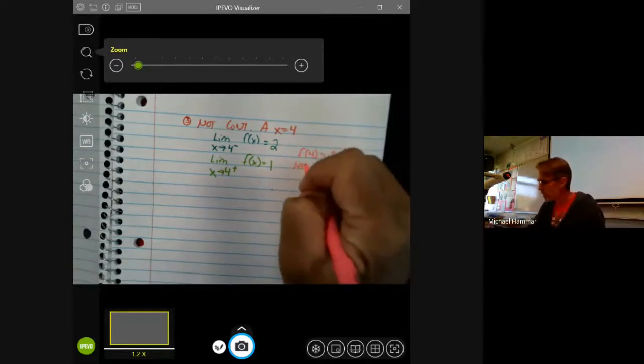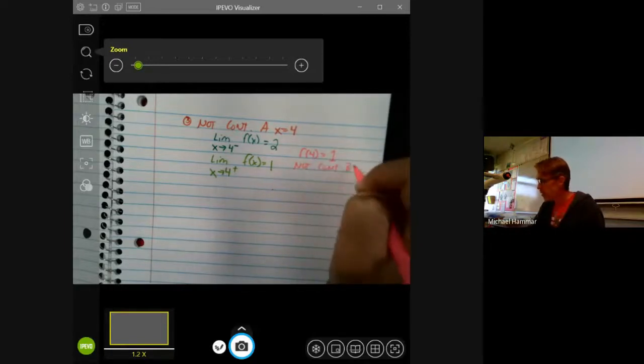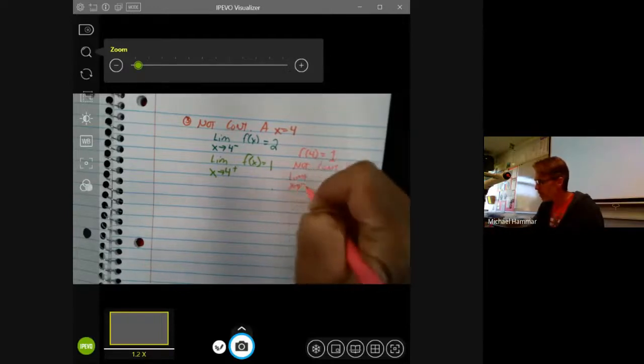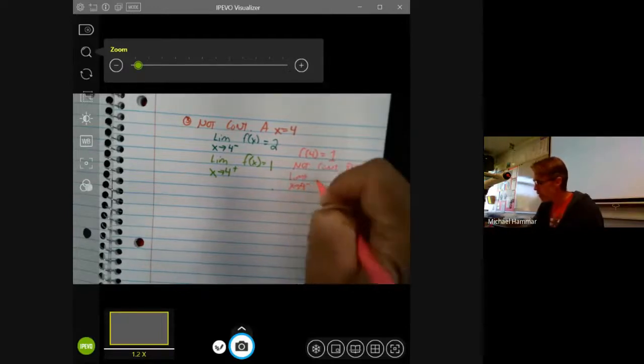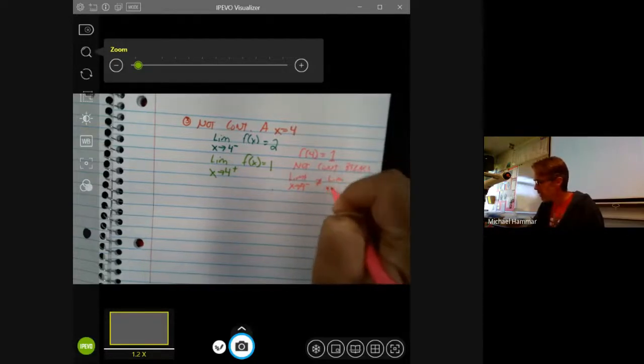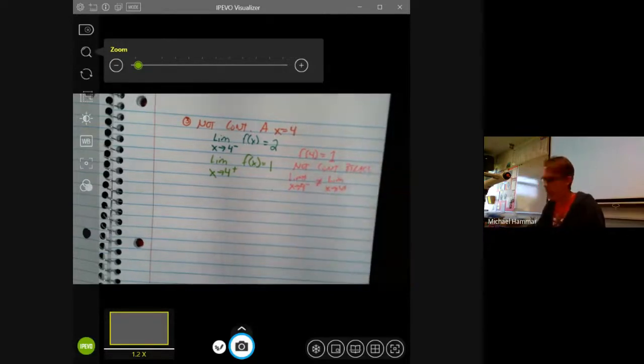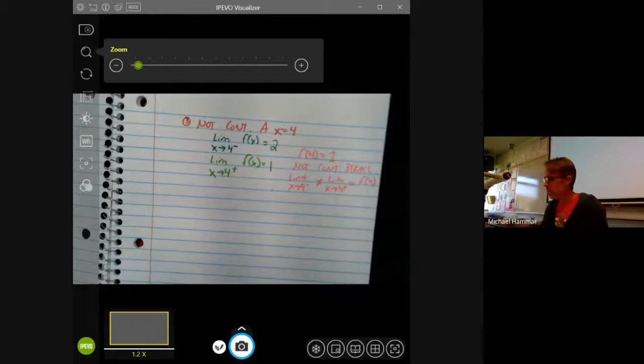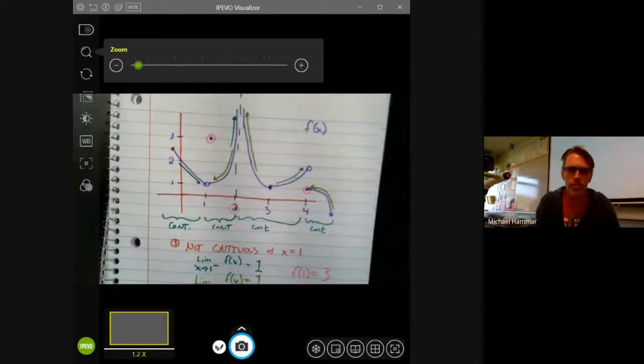So this is not continuous because the limit from the left at 4 does not equal the limit as x approaches 4 from the right. Does not equal f of 4. So those things are not equal in any way, shape, or form. So this is what it means to be not continuous. Now, the reason I spent a lot of time on not continuous is because if you understand why it's not continuous, you know when it is.